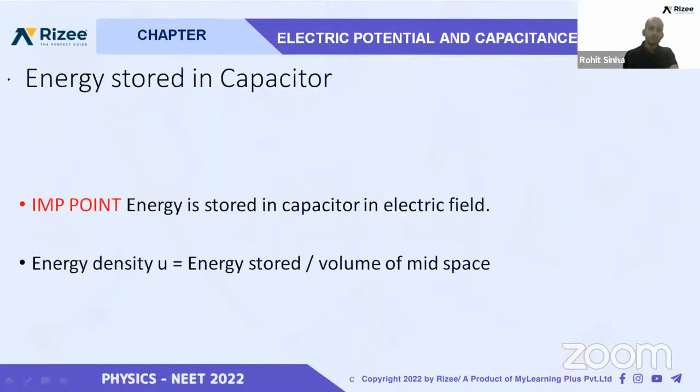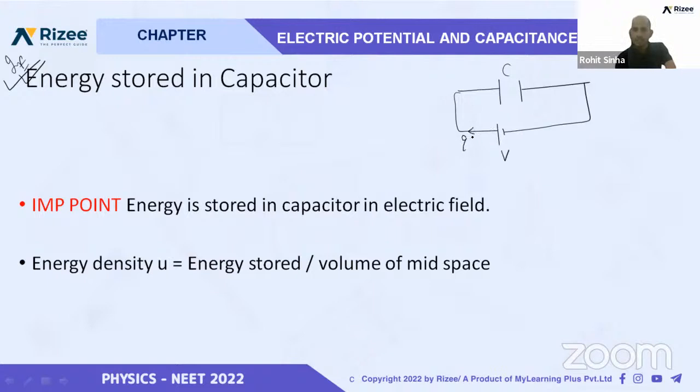Now, this is also one of the important topics. How much energy is stored in a capacitor? To find the energy stored in a capacitor, what do we do? Let us take one capacitor here, having capacitance C. We connect it here with a source battery, it is V, and let us suppose it is supplying charge Q. At an instant, it is supplying a charge Q dash.